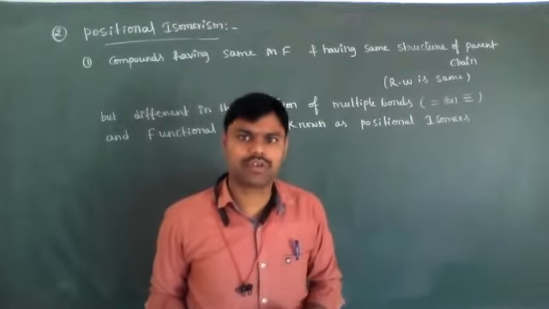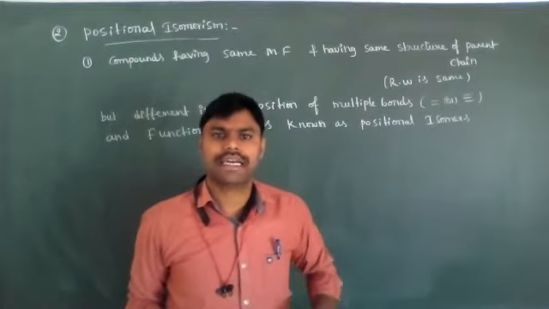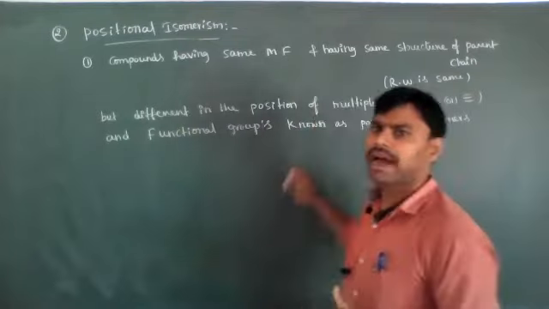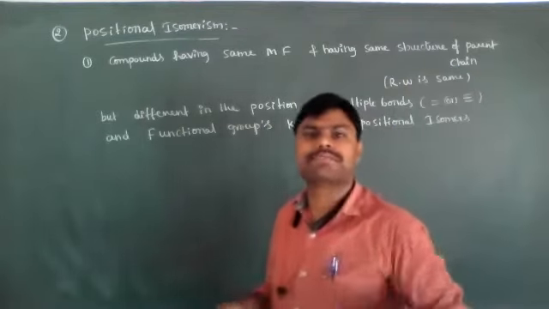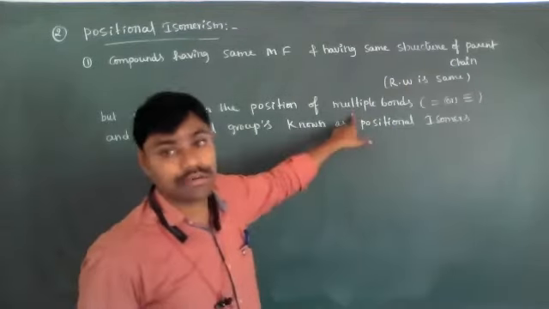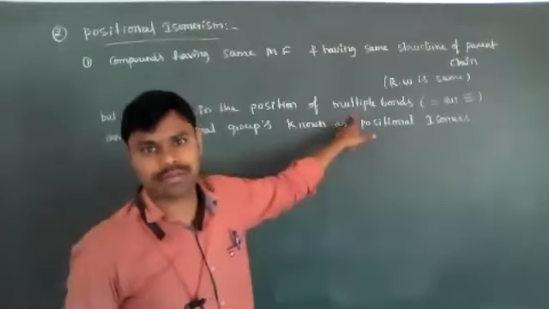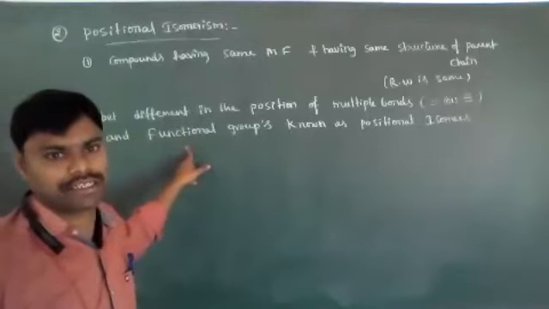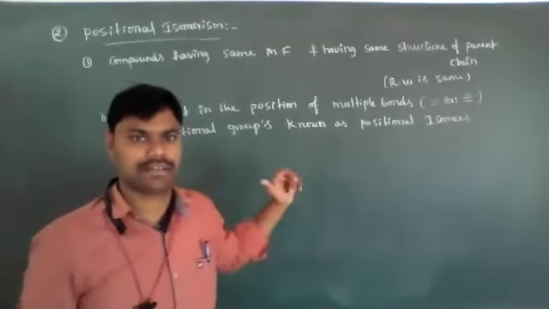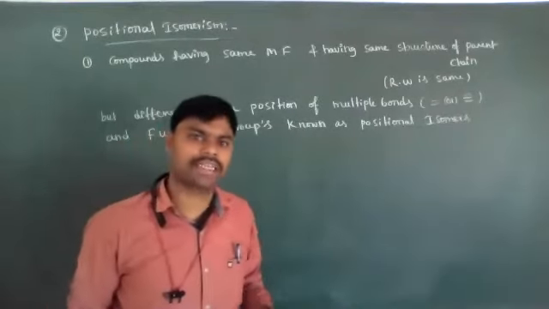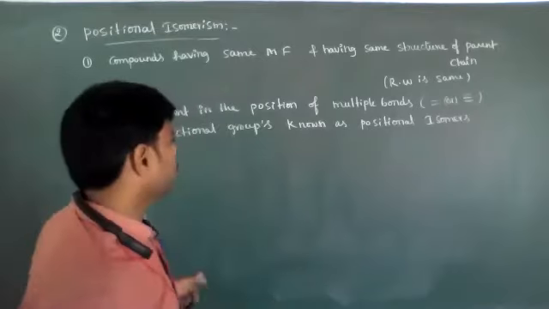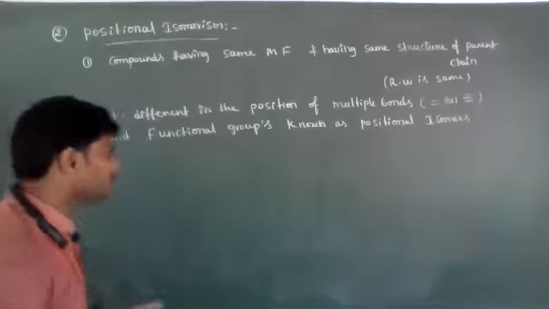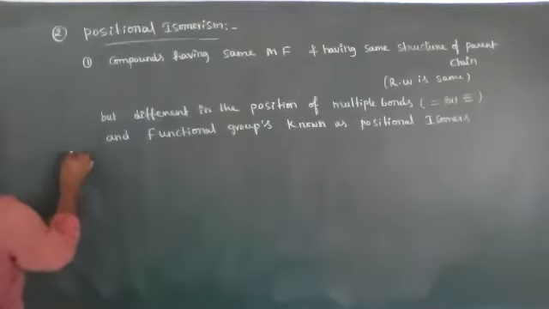But positional isomers have the same molecular formula and the same root word, but the positions of multiple bonds, double bond or triple bond, as well as functional group positions, are different on the parent chain. Such compounds are called positional isomers. See, I will give you simple examples.